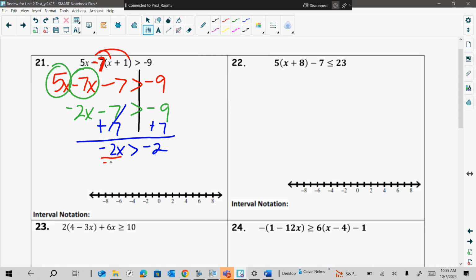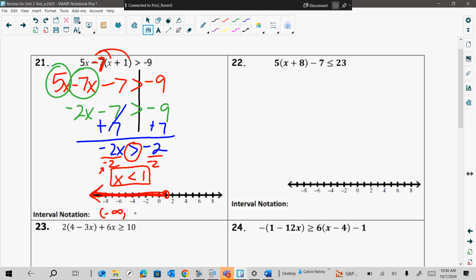We divide by negative 2, and because it's a negative, the symbol has to be flipped. So instead of pointing to the right, it's now pointing to the left. x is less than positive 1. So this would be open at 1, pointing to the left.